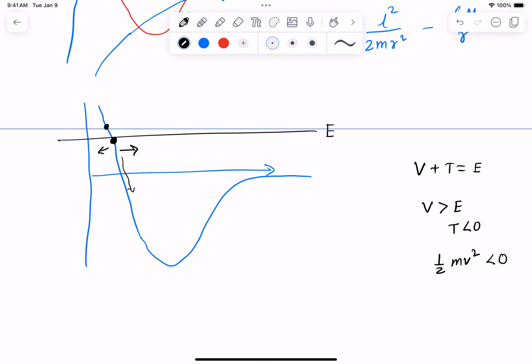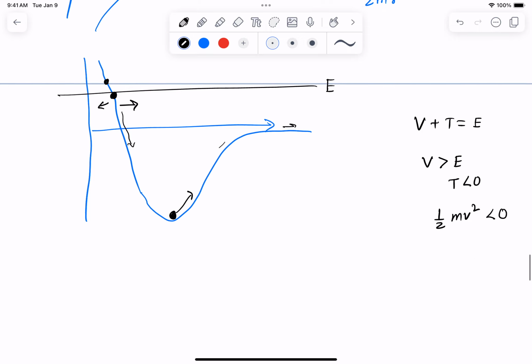Once it reaches the bottom, its potential energy is the minimum, but it still has some kinetic energy and it was moving towards the right, so it will keep on moving towards the right. Now its kinetic energy will decrease and potential energy will increase, and it will go on up until it reaches here, where it will have some amount of potential energy and some amount of kinetic energy, and it will just keep on going towards the right forever, and it will never come back.